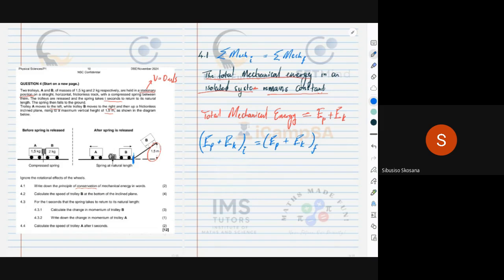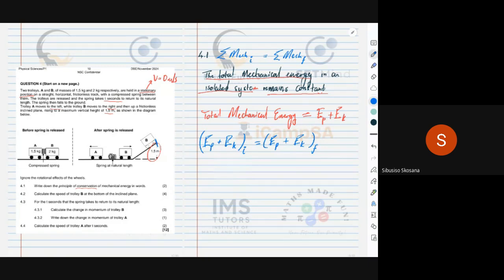They want the velocity at this point here, and then it moves up to this point here. Now, let's think about how we are going to do something like this.